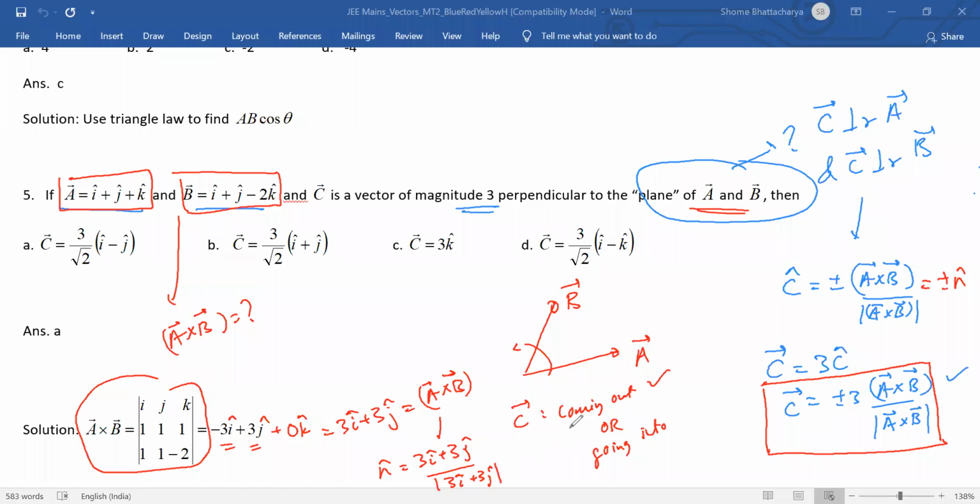Okay, so that is further nothing but 3 I cap plus 3 j cap divided by 3 root 2. So the unit vector is I cap plus j cap by root 2. Okay, so this thing is this now.